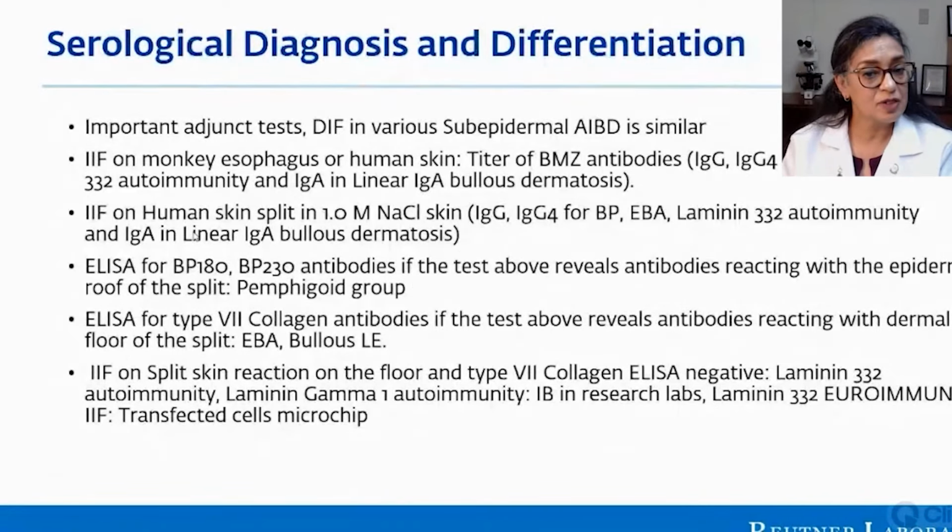If IIF on split skin is positive on the dermal floor, then ELISA for type 7 collagen antibodies is done. So if this test is negative, then it probably indicates that it could be laminin 332 autoimmunity or laminin gamma 1 autoimmunity. And a test for laminin 332 autoantibodies became recently available from Euroimmune in an IFA format.